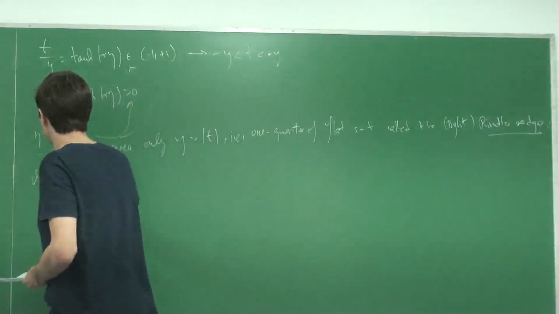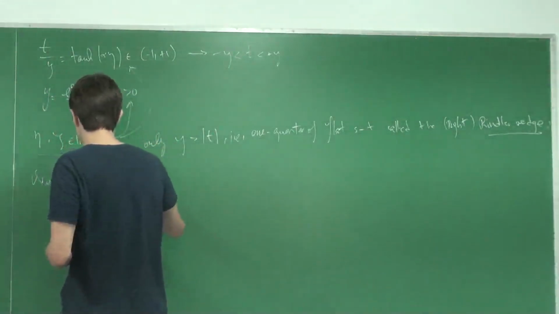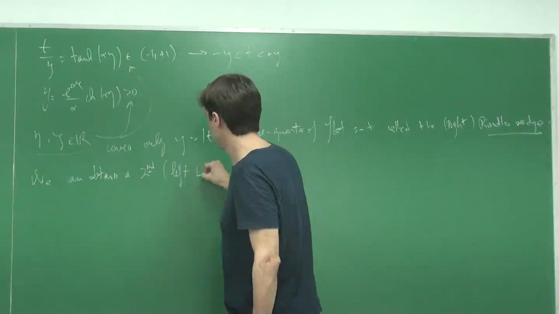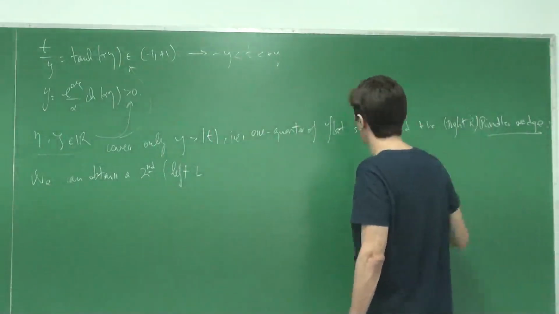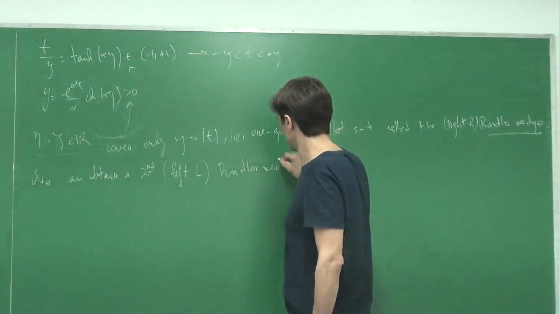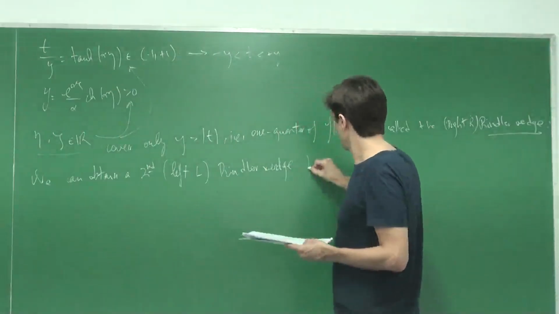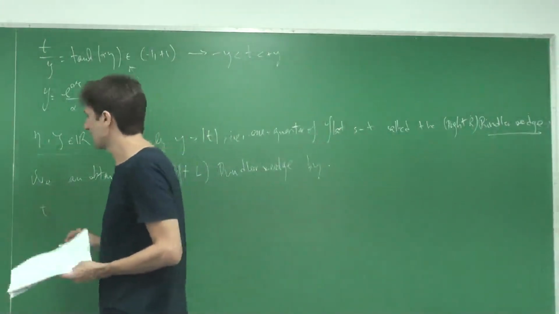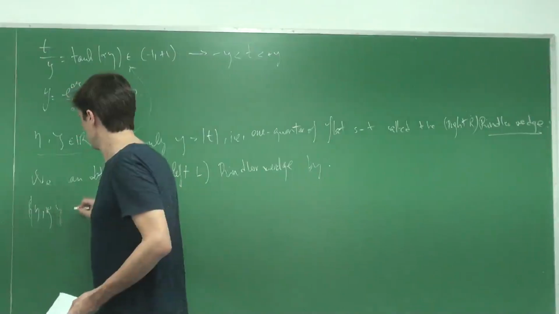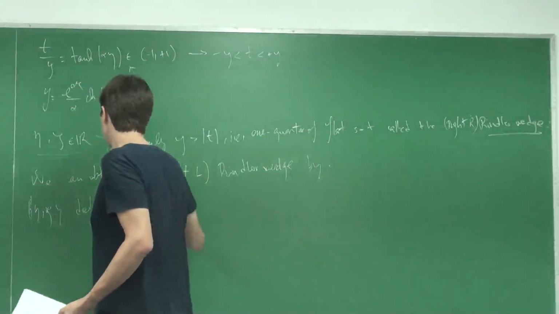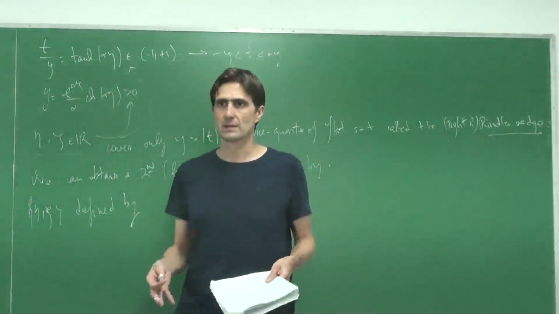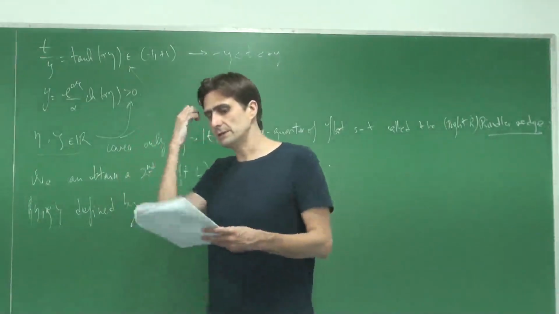So we can obtain a second, now I'll call it left, L, and this will be right, or left Rindler wedge, by another set of coordinates, so another eta and zeta defined in a different way, even though I use the same symbols, they're defined in a different way in terms of t and y.